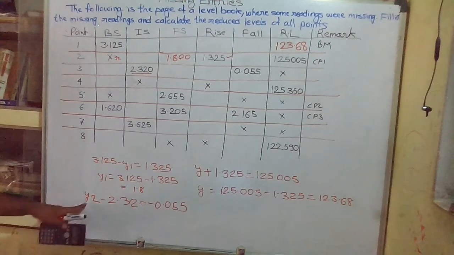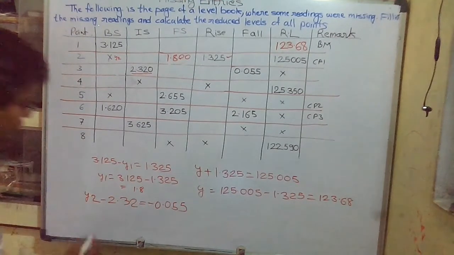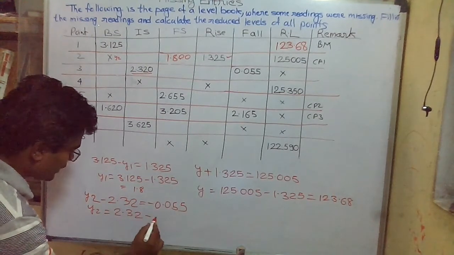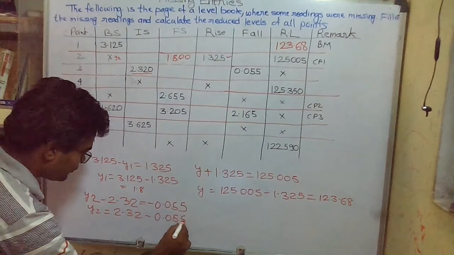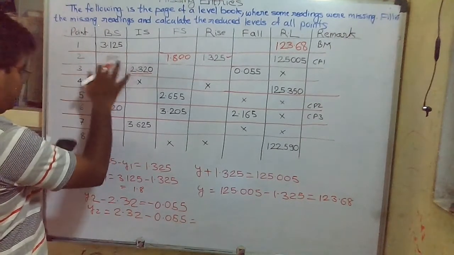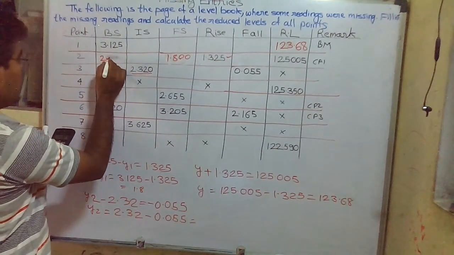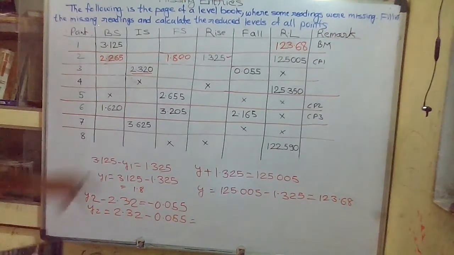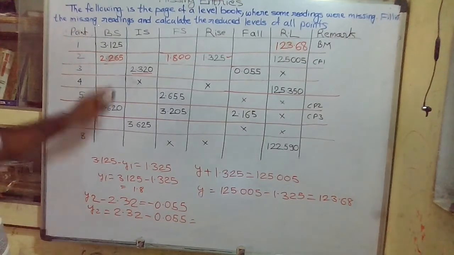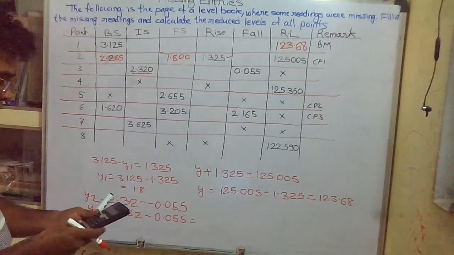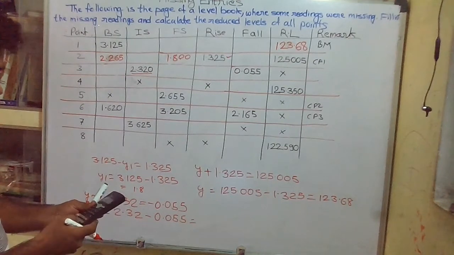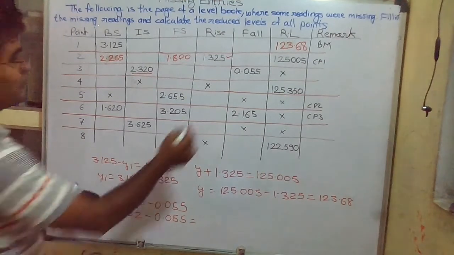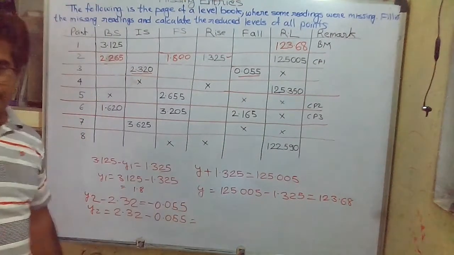So y2 is equal to 2.32 minus 0.055, which is 2.265. If we check, 2.265 minus 2.320 gives a fall of 0.055.